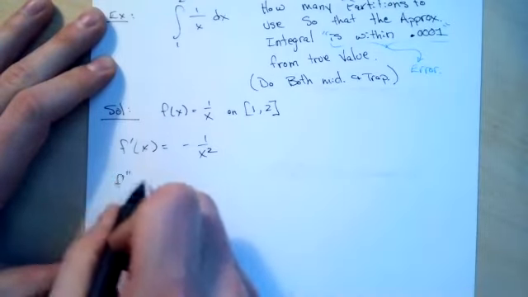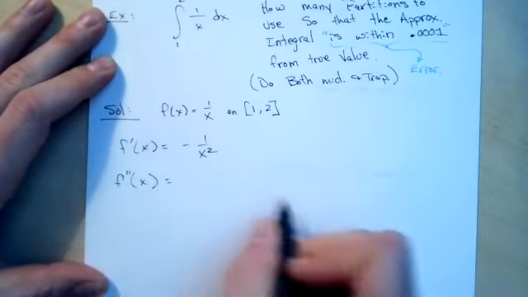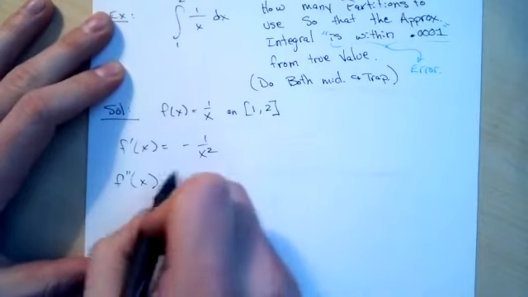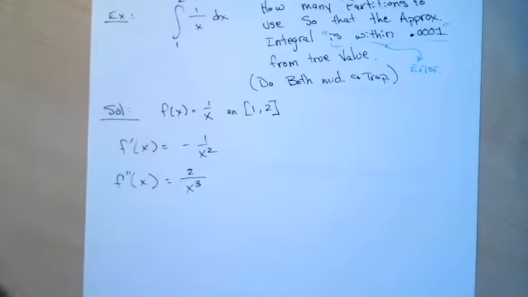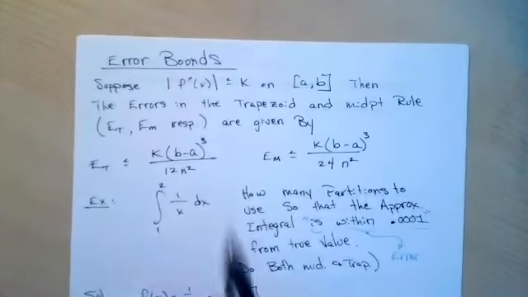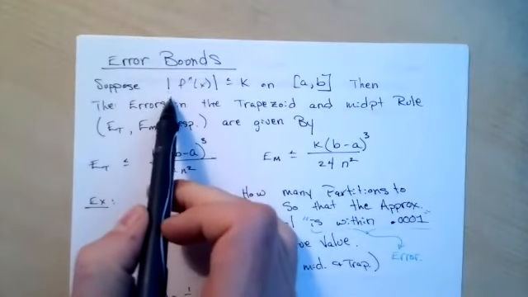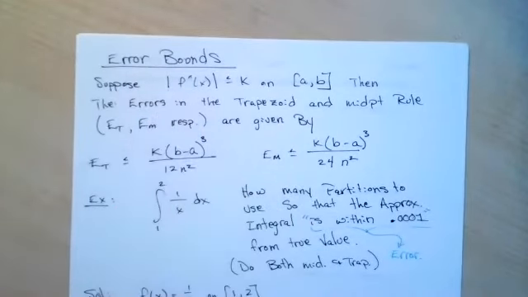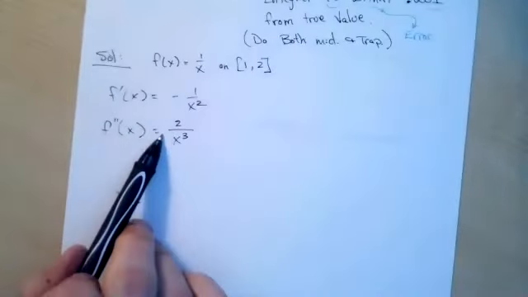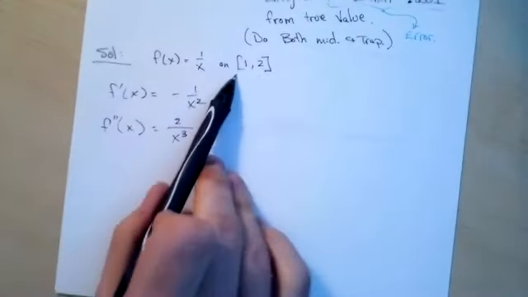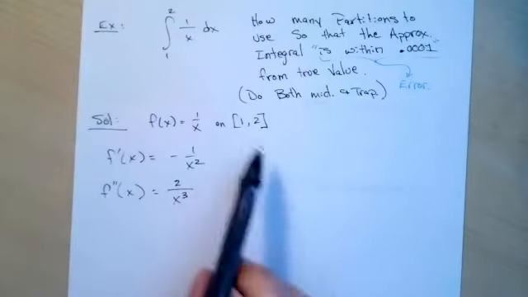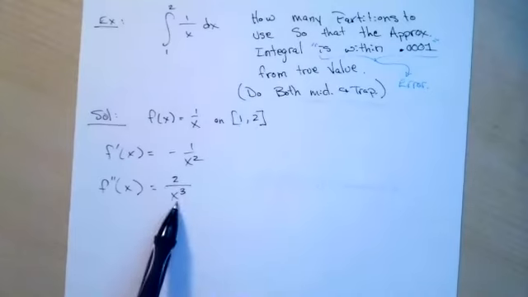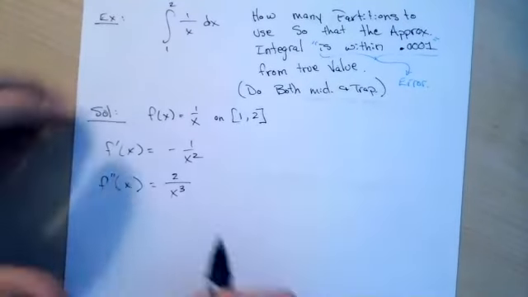Second derivative is positive 2 over x cubed. And we also want to bound the absolute value of it, right? We want a positive bound. If there were some minus signs hanging out, or if the interval was potentially negative, we can throw in absolute value signs there. Interval's positive, this function is positive, so it will be positive.